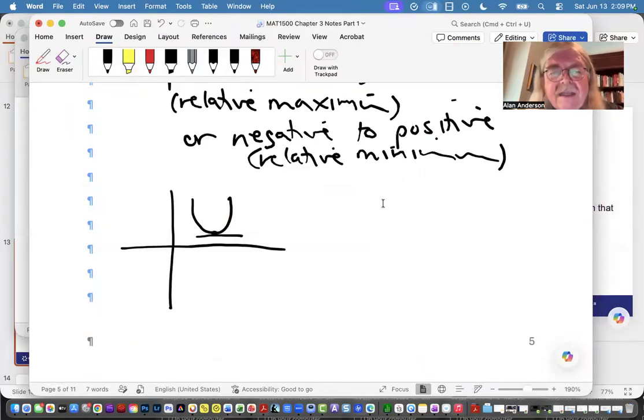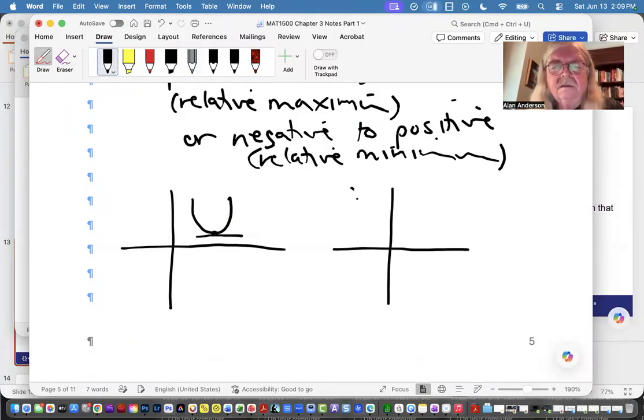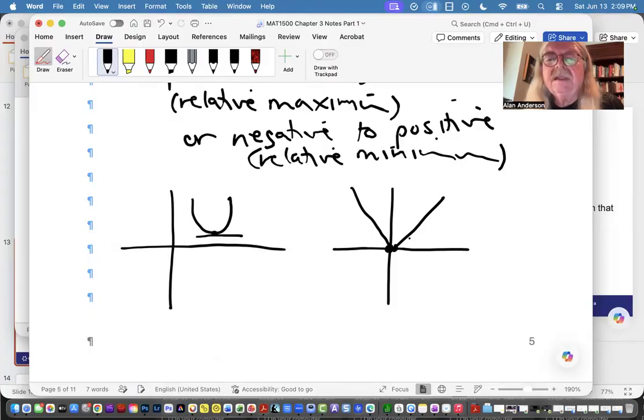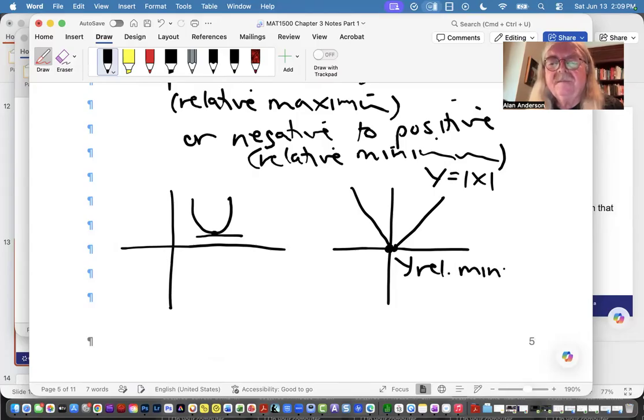But if we had something like this, a sharp, sudden break, this, by the way, is the graph y equals absolute x. This also counts as a relative minimum, in spite of the fact that it goes sharply from one slope to the next.